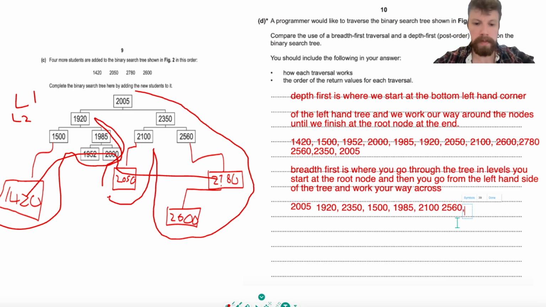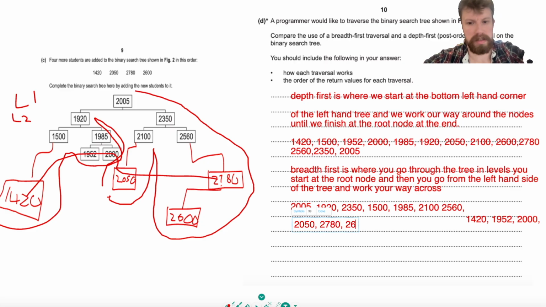So 1420, so it's all about the levels. 1952, 2000, then we've got 2050, 2780, and then finally 2600.